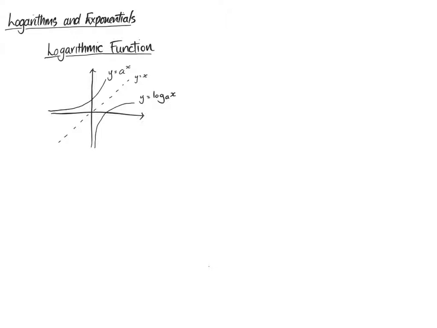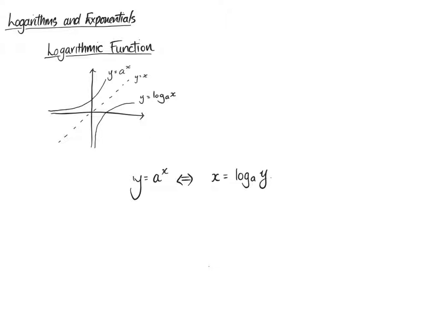For any graph, if we have y equals a to the x, we can change that into a logarithm, and we can go both ways. By doing this, we get that x is equal to log to the base a of y. And so we need to be able to move between logarithms and exponentials easily.